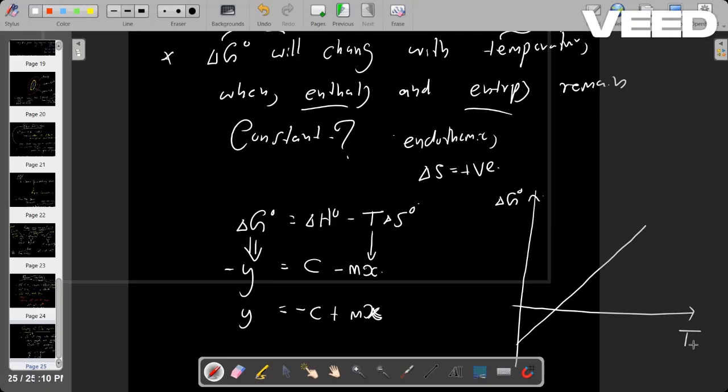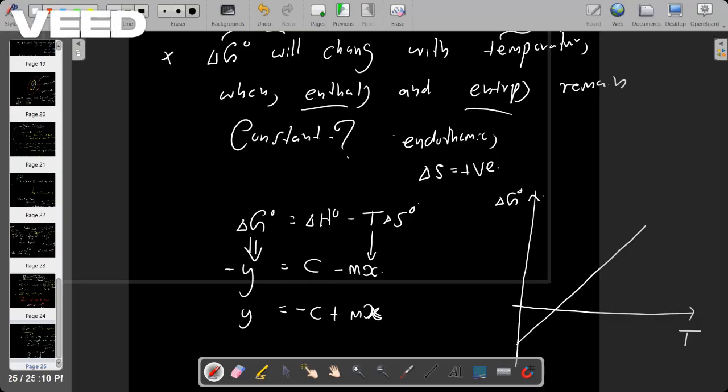Now here it's an exothermic reaction. C is negative. Now it has become c minus, so it must be an exothermic reaction with positive delta S for the system. That is why, then only you can derive this.